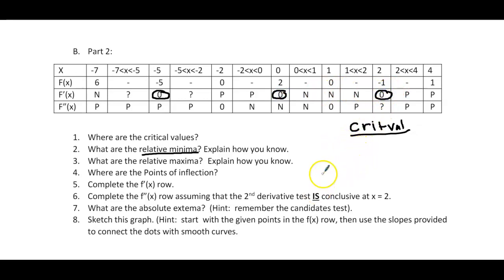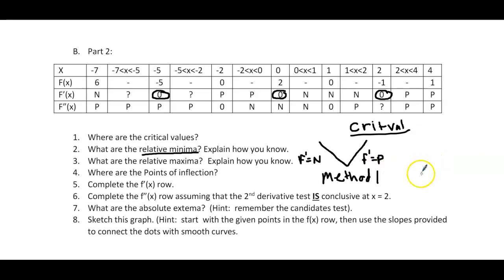We have 2 choices for finding relative minima. Method 1 is you look for the place where the slope changes from negative to positive. In other words, f prime goes from being a negative number to being a positive number. That's one way you can tell.